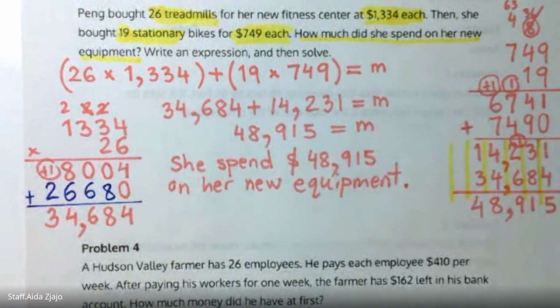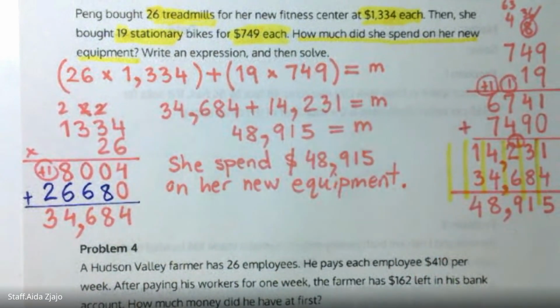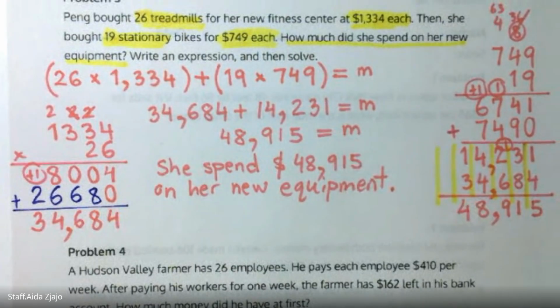Okay, spent. I think this should be T, but I'm not sure because it's past tense. English is not my forte, but that's okay. You figured it out. All right.